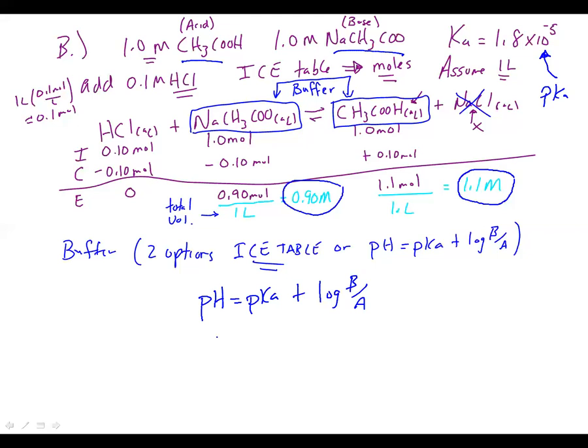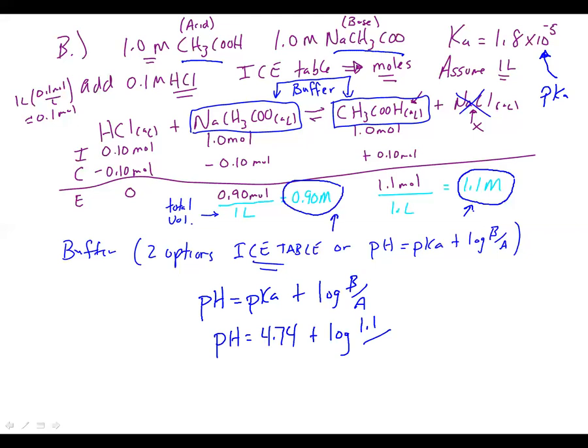And if we put that in there, the pH is equal to 4.74, which is what we got on the last one, plus the log of our base, and our base is our sodium acetate. And again, that's going to be the 1.1 on top. Our acid is our acetic acid.